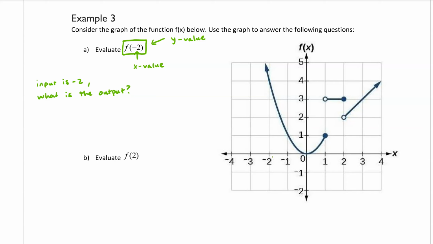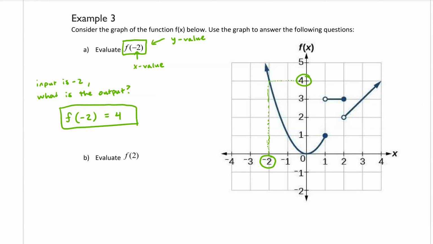I found negative 2 here, and I'm drawing upwards until I hit the graph, and I've hit it there. And if I look at the y value that it represents, the y value is 4 there. So in math terminology, we would say f of negative 2 is equal to 4. So I'm going to go ahead and box that.